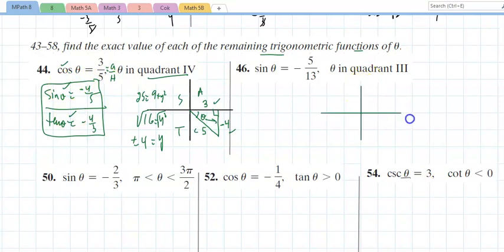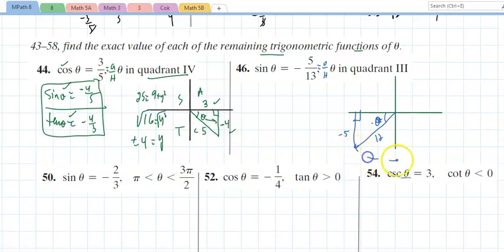Same deal on number 46. They tell me which quadrant I'm in. I'm in quadrant 3, which means the angle is right there. And they say sine is, well, sine is the opposite over the hypotenuse. The opposite is a 5, hypotenuse is a 12, but one of those is negative. Which one? It has to be this side. The hypotenuse can be negative because we mentioned that represents the radius of the circle, and the radius of the circle can be negative.